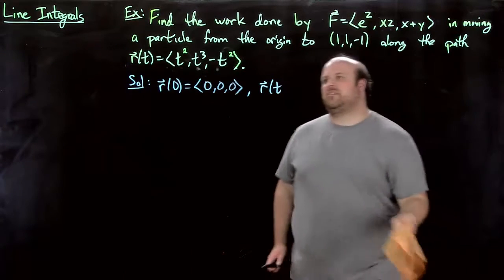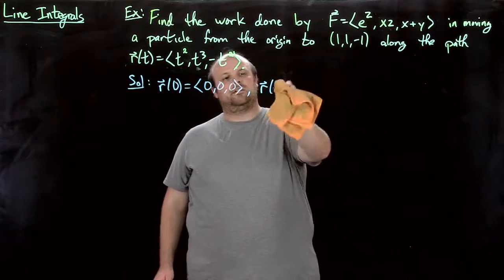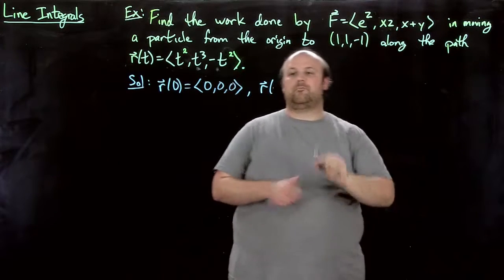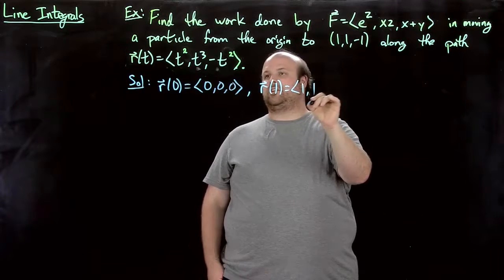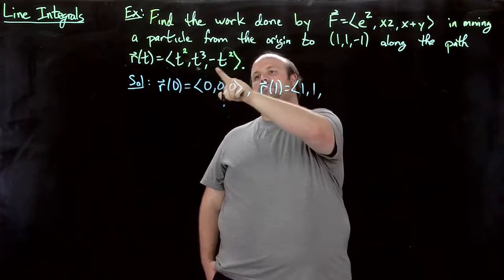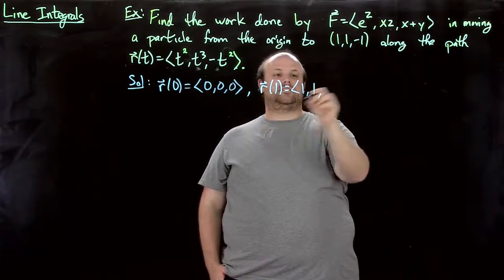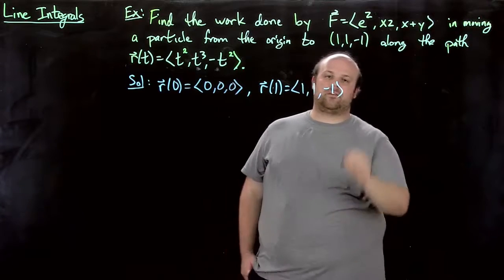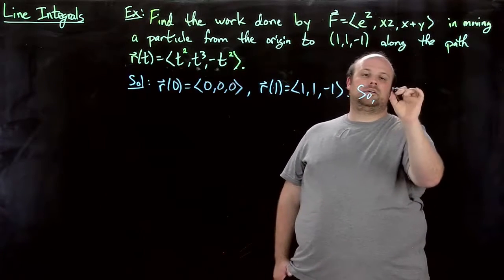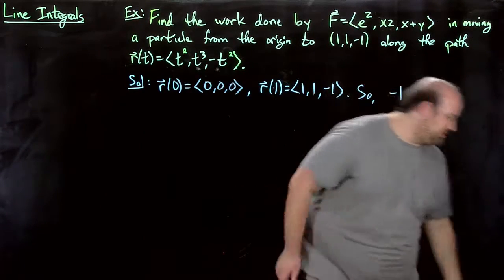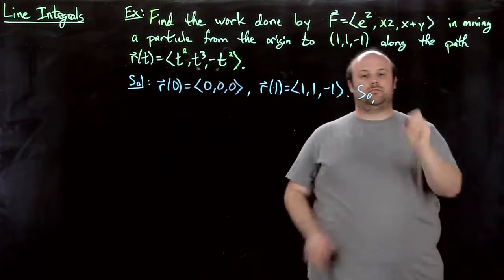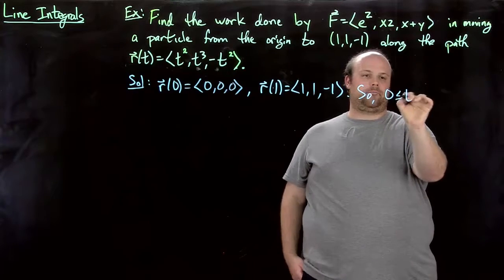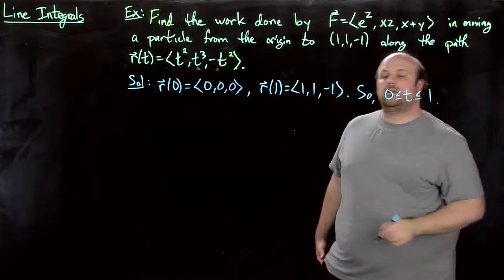Then you can check with the other two components that plugging in 1 works, because 1 squared is 1, 1 cubed is 1, and negative of 1 squared is minus 1. So t goes from 0 to 1.